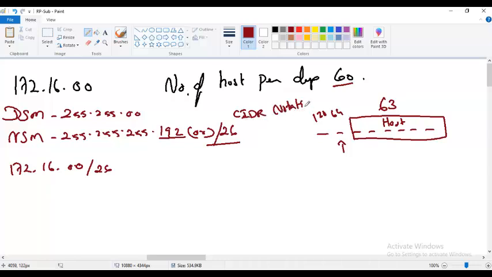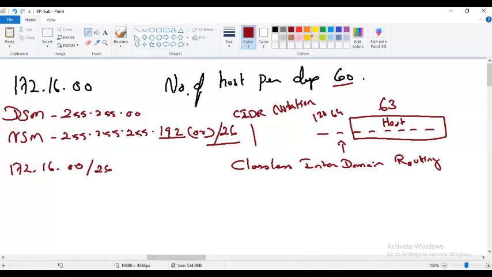Classless inter-domain routing notation. All right, CIDR notation. Writing like this, we call it a CIDR notation.